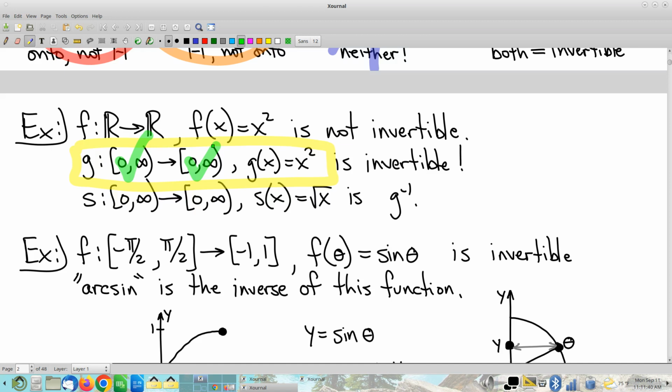This function is perfectly invertible, because for the square root, what I want to call the inverse of this function, for every non-negative real number, I can compute a unique, perfectly well-defined non-negative square root. And everything's fine. And no nonsense. So this function is invertible.